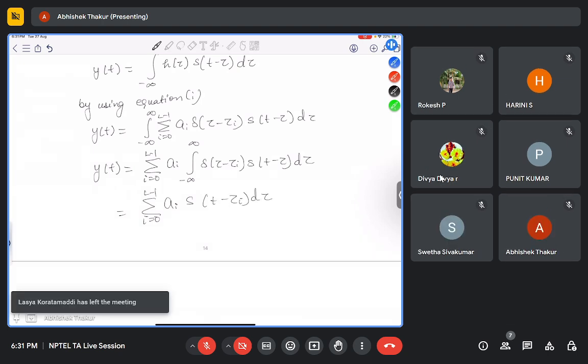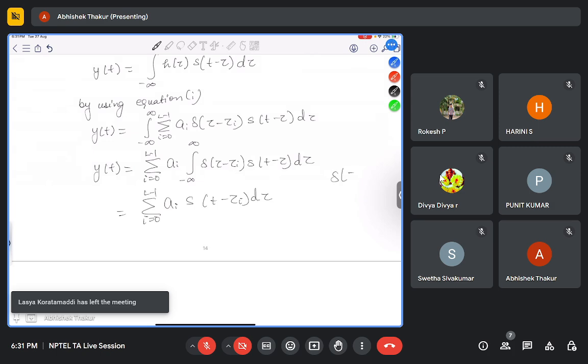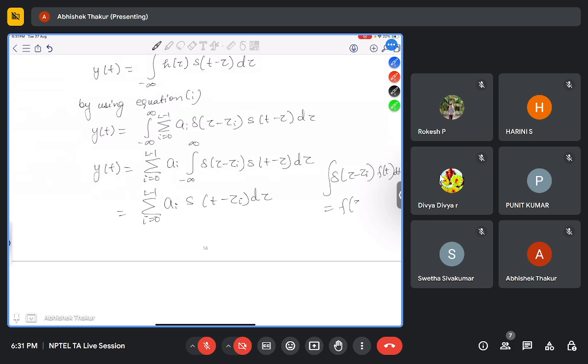We know that the integration of delta times f gives f of tau_i.